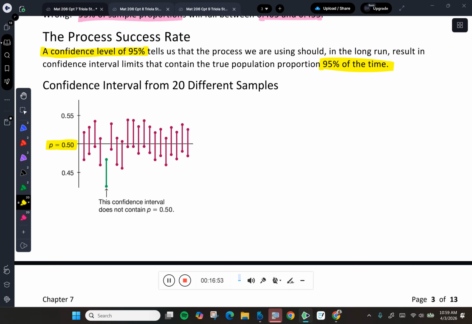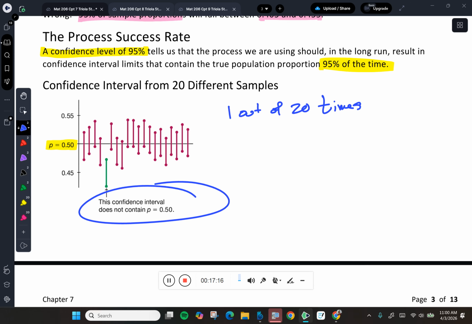Well, according to the math, a confidence level of 95 would mean that 95% of the time that's true. Or approximately 1 out of every 20 times, our data would create an interval that actually wouldn't capture P. So that would be this guy.